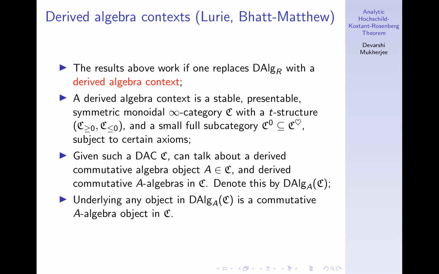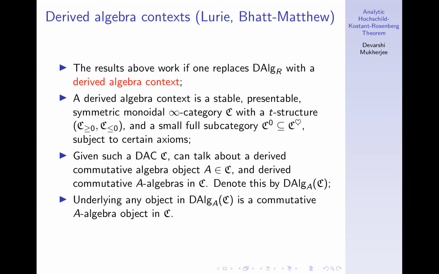So a derived algebraic context is a stable, presentable, symmetric monoidal infinity category with a t-structure, which you might know from triangulated category language, and a small full subcategory contained inside the heart of this t-structure. This is subject to certain axioms, of which the most important one is that there has to be a set of compact projective generators for the C0. Okay, so that's a derived algebraic context.